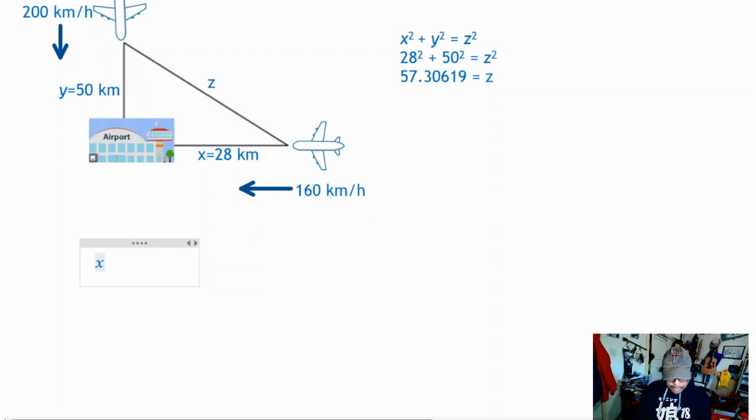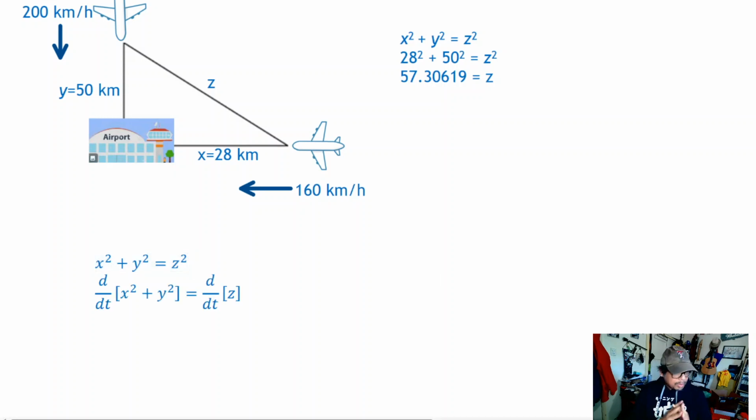So if we have x squared plus y squared equals z squared, then if we take a derivative with respect to time, we should be able to get the rate at which z is changing. Note, of course, that we're taking the derivative with respect to time, and time is not the same as the variables in our equation. So we're going to need to use the chain rule in that related rates way.